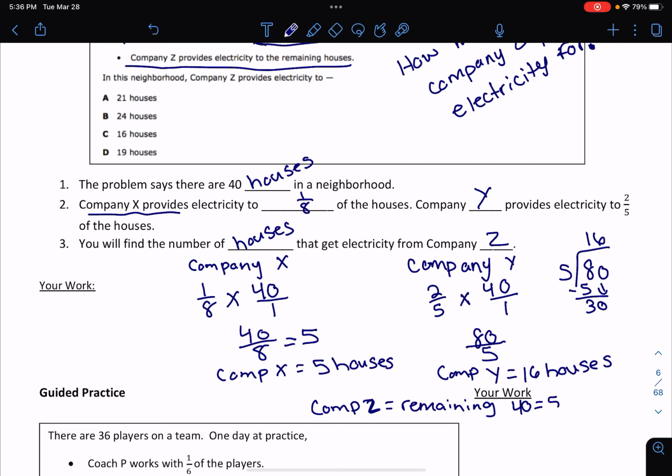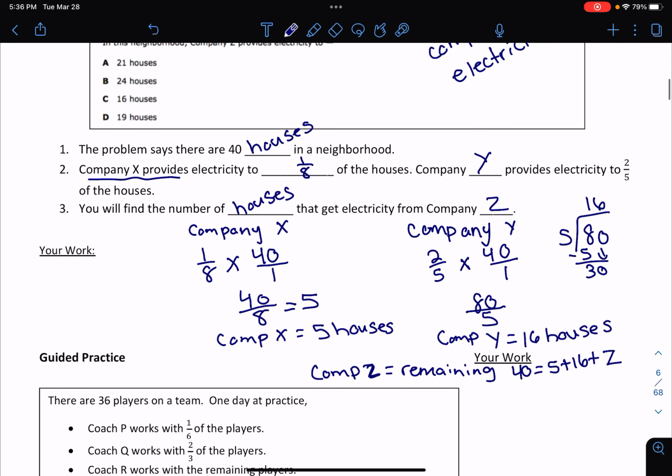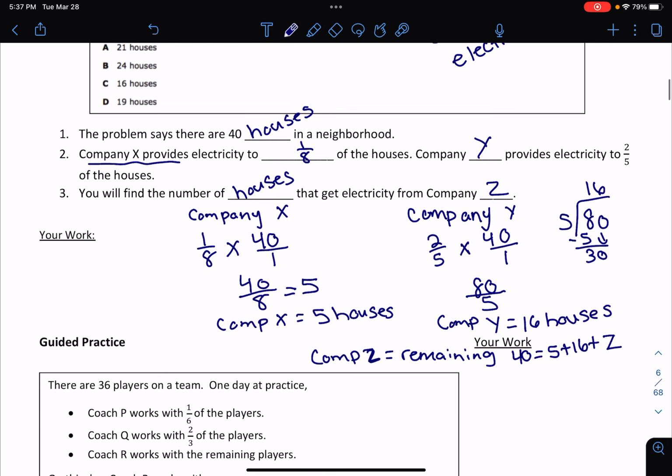And company X provides electricity to 5. Company Y provides electricity to 16. How many houses does company Z provide electricity to? Okay. So you have to find the remaining number of houses, and that's how many houses company Z provides electricity to. Go ahead and finish that off, and you should be able to answer that on your Go Formative. Okay.